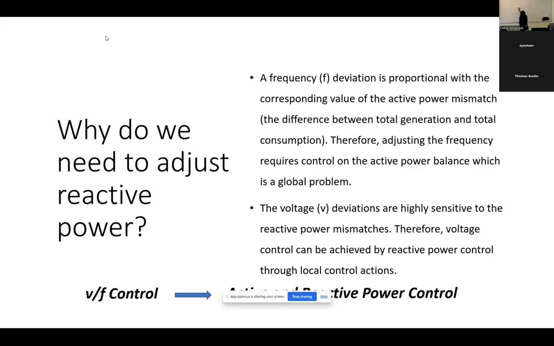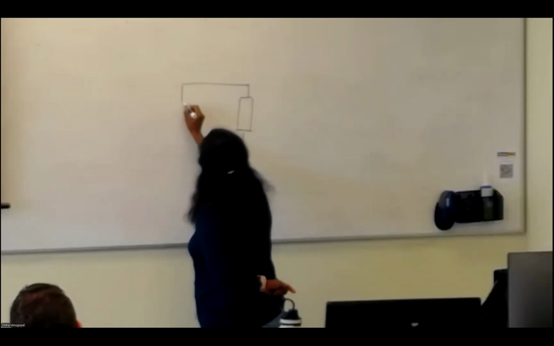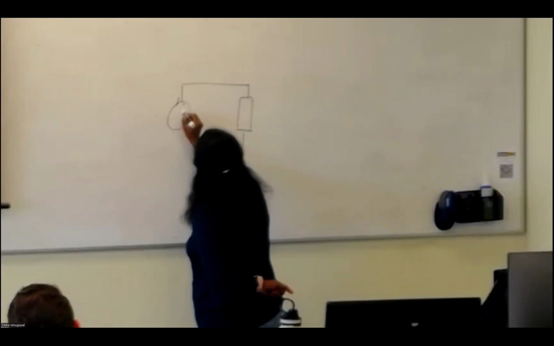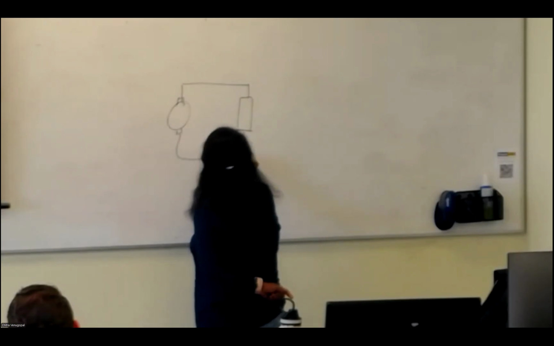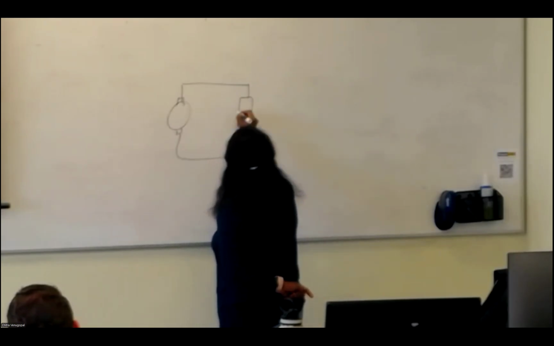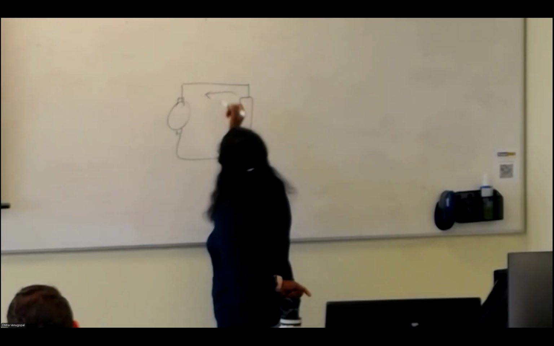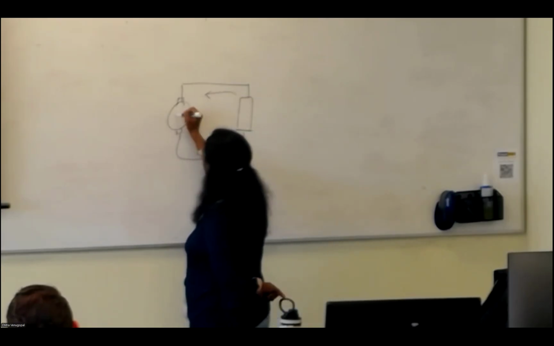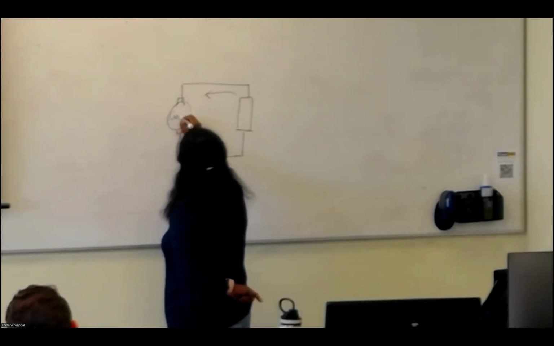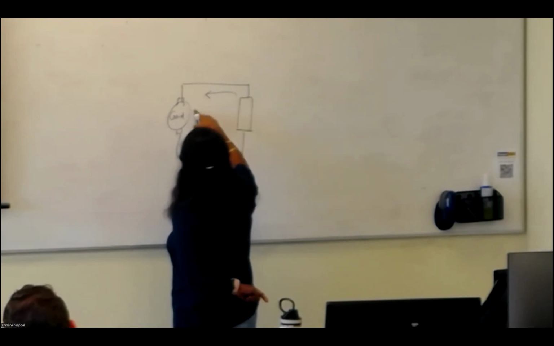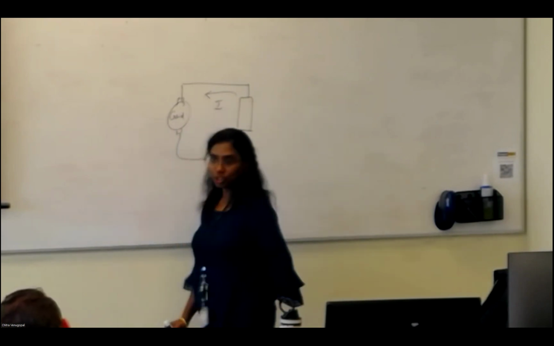Okay, thank you. So you have a load here and the generation station. If the load is supplying power to the grid, then the current will go in this direction.